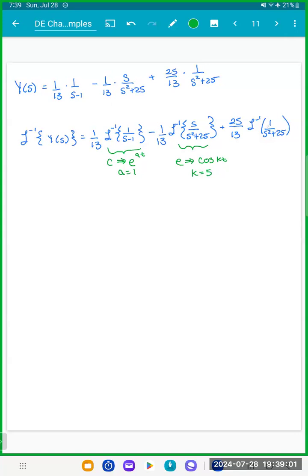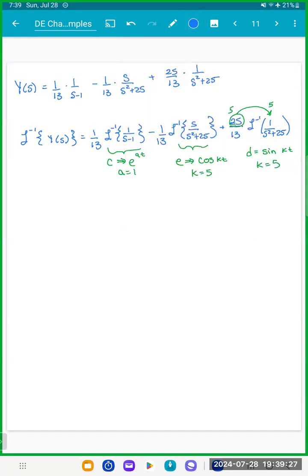Now this piece here, because we don't have a 5 up here, it doesn't quite match. So what we can do is take a 5 from here, leave 5 out here and put 5 in here, because when you multiply them, you still have that 25. This is like form D, where we have the sine of kt and k is equal to 5.